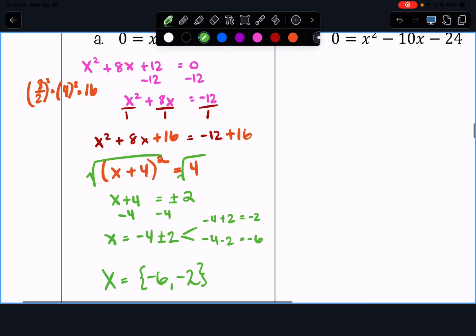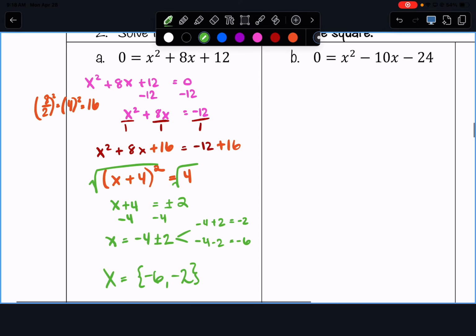Okay, so now I want y'all to look at B by completing the square. So you did B, you did the B divided by 2 squared thing, to get that term that adds right here. Yep, did that.